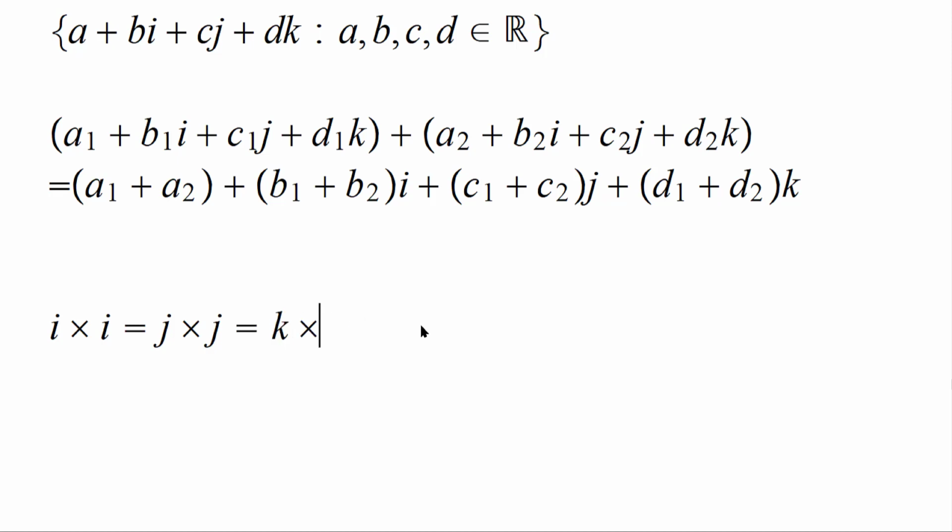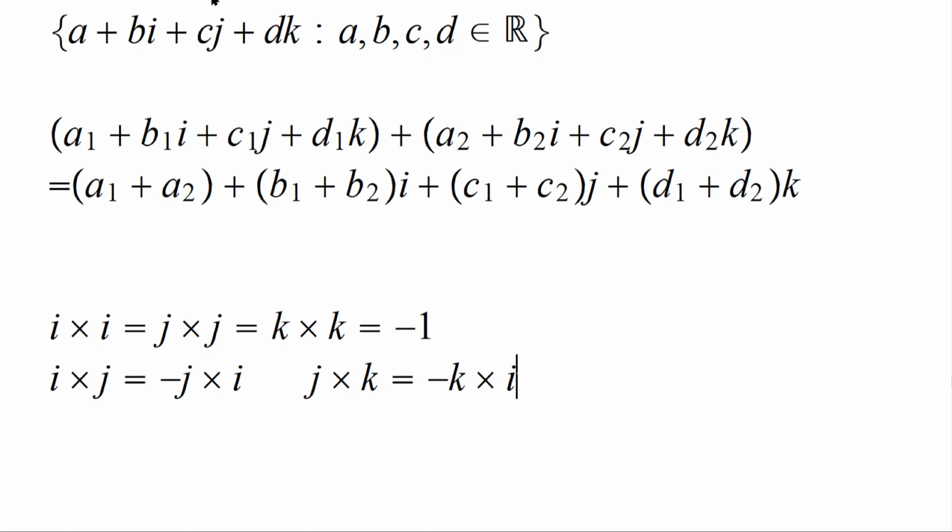Remember Hamilton developed this for multiplication in 4 dimensions, and these just become anti-commutative. i and j cross k is negative k cross j, I meant.